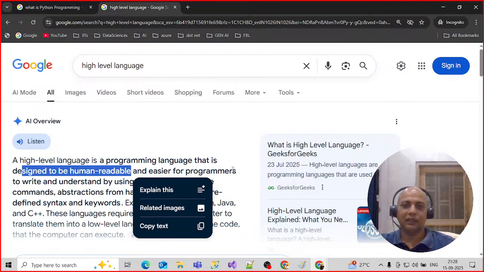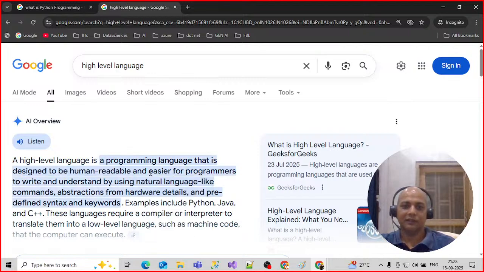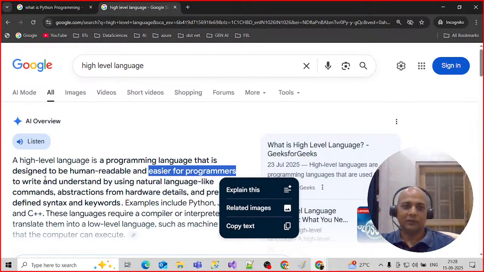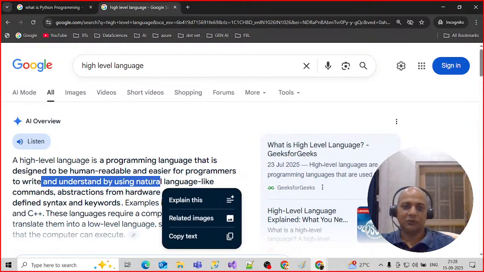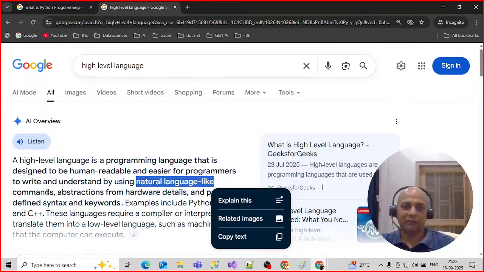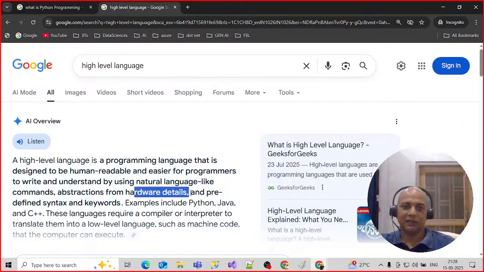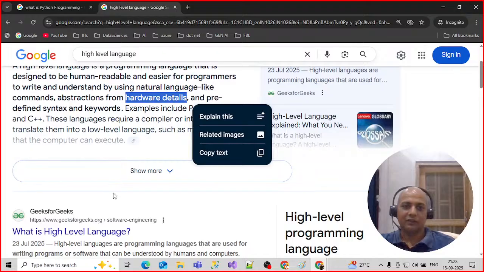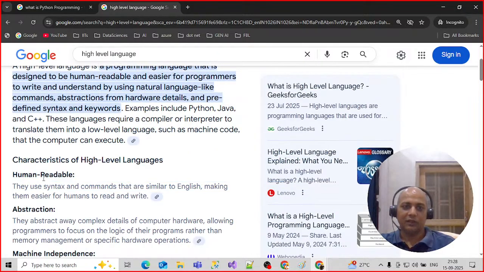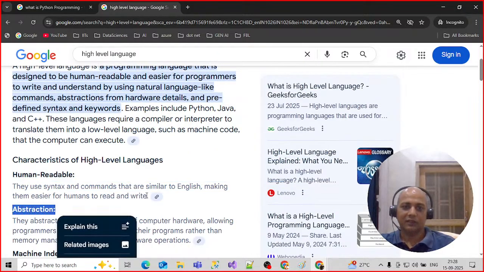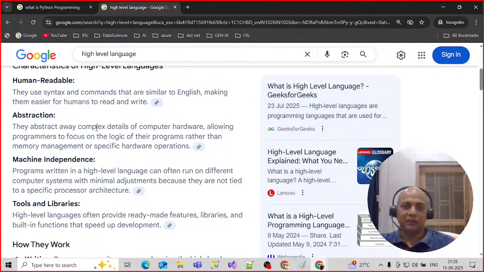So it is an English-like structure, easier for programmers to write and understand, using natural language-like commands and abstraction of hardware details. So it is human readable and has abstraction, meaning we do not need to take care of hardware. We just need to focus on the logical part.